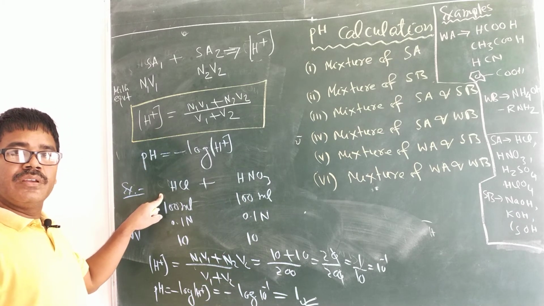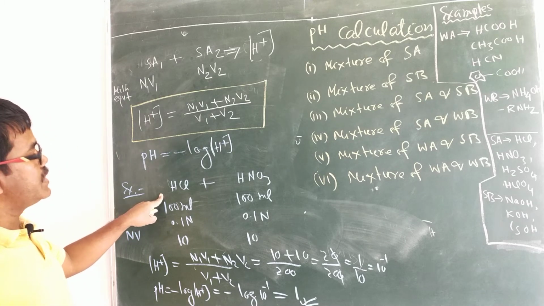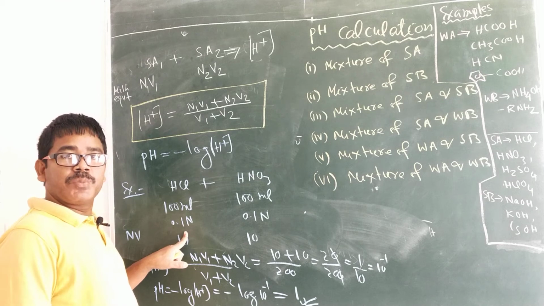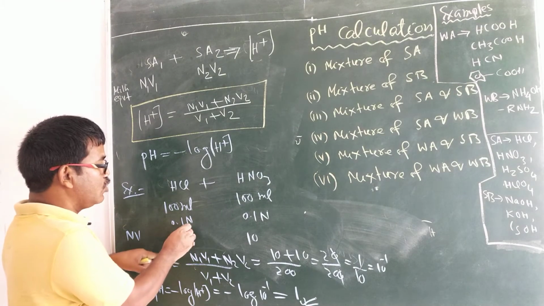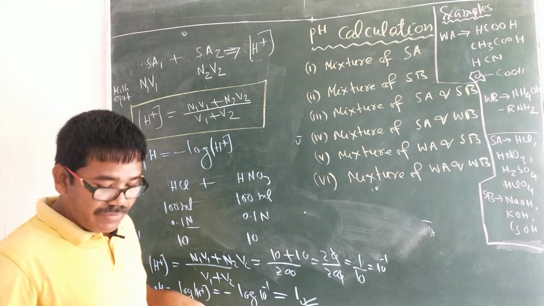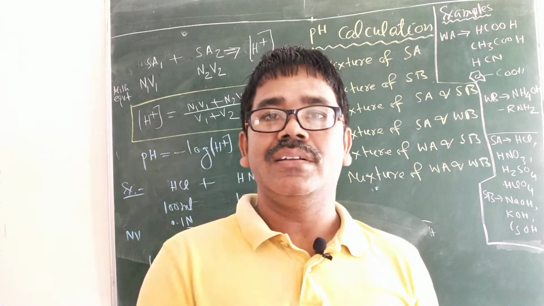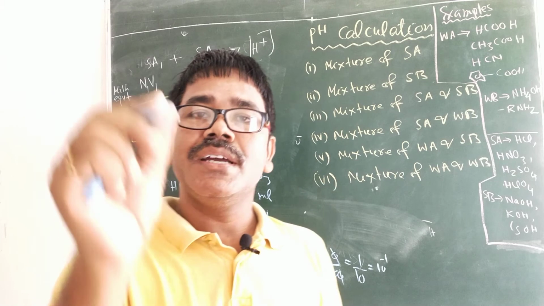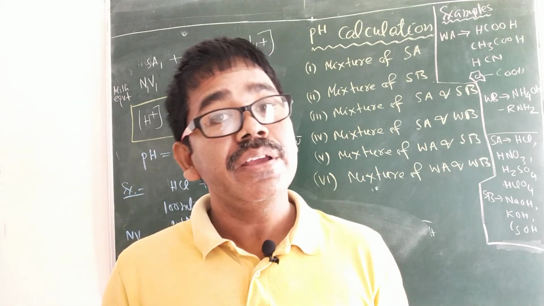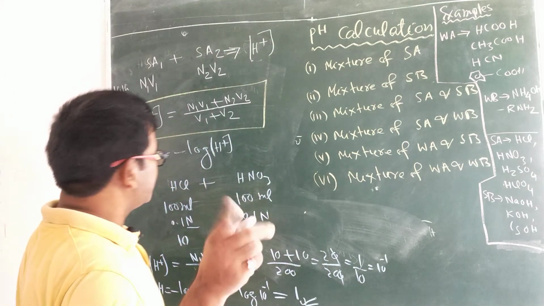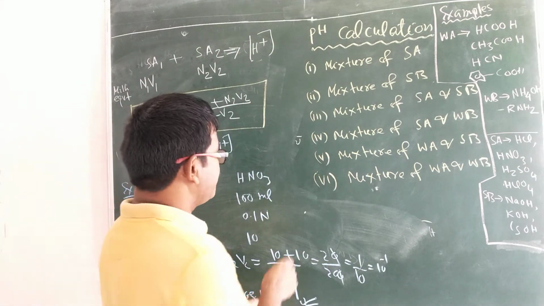Clear? One thing you should keep in mind, sometimes the concentration may be given in terms of molarity. I have taken normality. Sometimes it can be given in molarity. If n factor is 1, then normality and molarity are the same. But if n factor is different from 1, I suppose you know the relation.